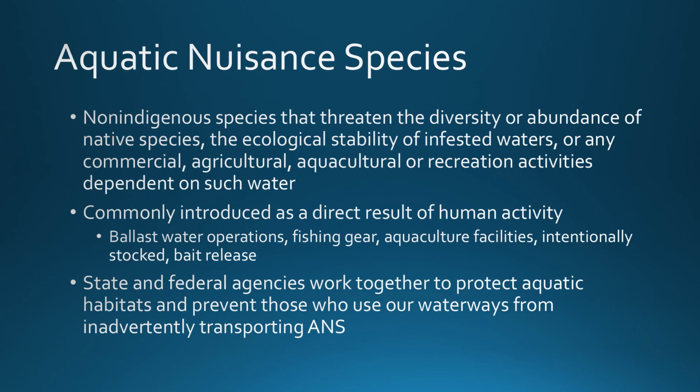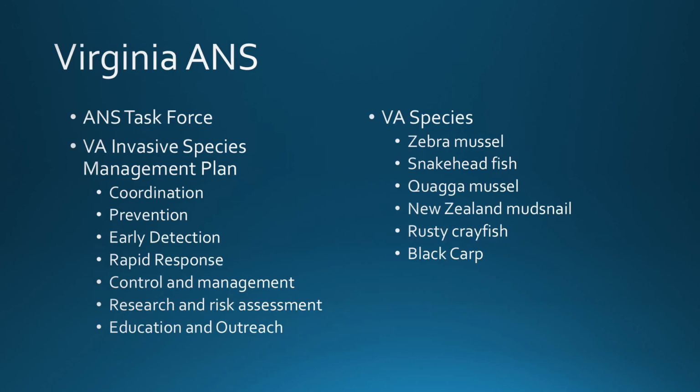Sometimes you intentionally stock areas for other species management, or bait just gets released. And then state and federal agencies work together to protect aquatic habitats and prevent those who use our waterways from inadvertently transporting ANS. And so this is, again, state, local, federal, everyone's collaborating to keep our waterways happy and healthy.